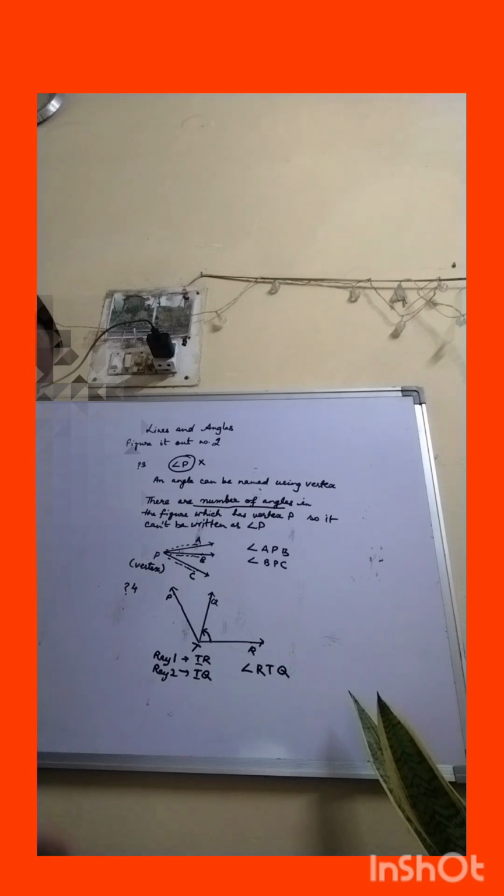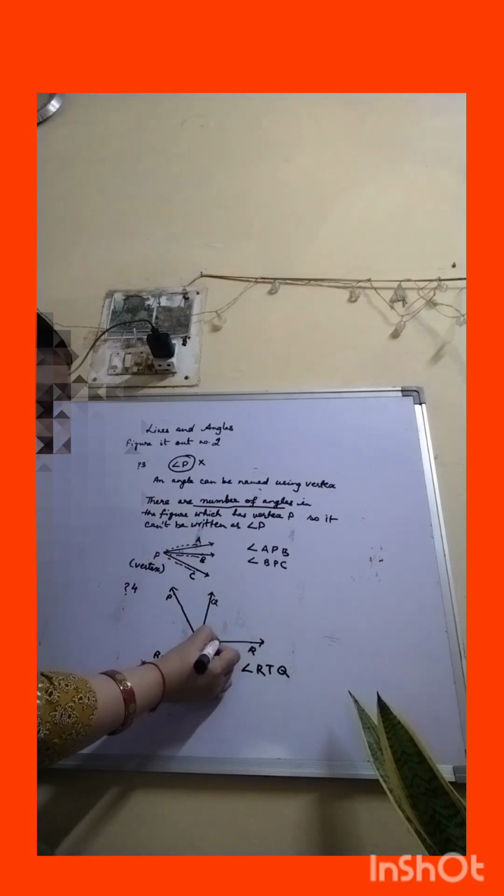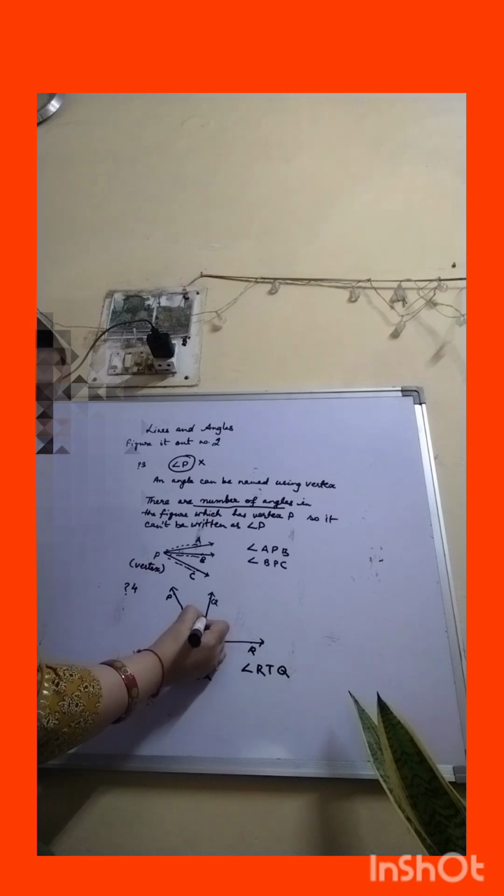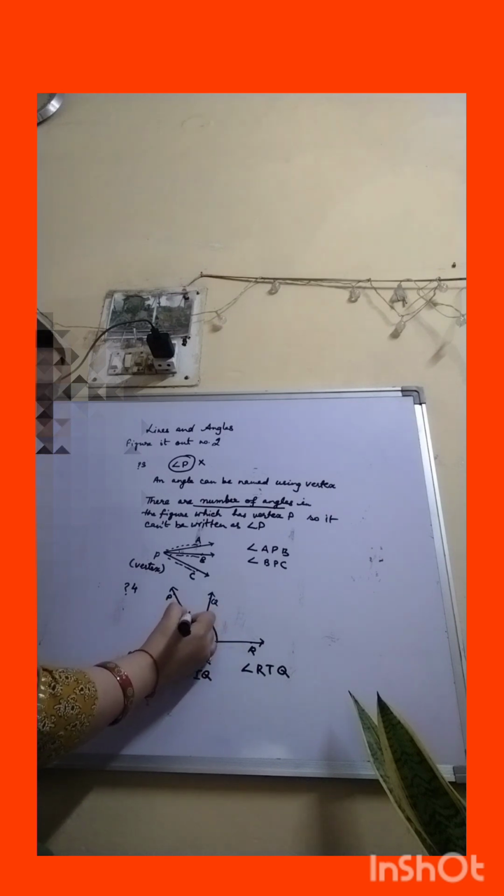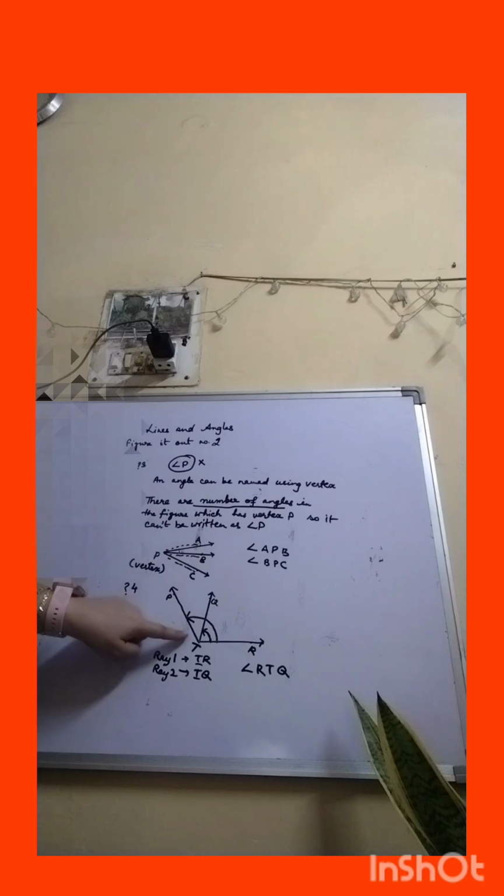What is the other marking? The other marking is also starting from TR, but it is going till TP. It is starting from TR, see here the curve, and it is going till TP where the arrow is, the end point is arrow. So this is the second angle which it is asking to name.